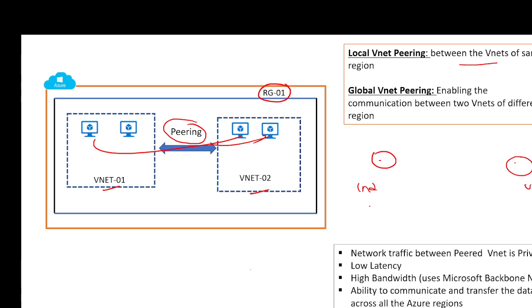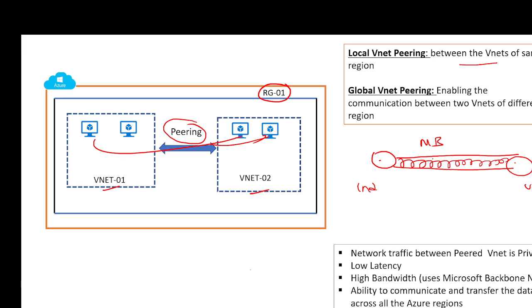Microsoft never uses the external public network to send the traffic, because they've already laid down their own cabling in the ocean between each and every region, and this cabling is of terabytes or petabytes of speed. The traffic going within this tunnel is fully secured and encrypted. Hence Microsoft calls this network the Microsoft backbone.